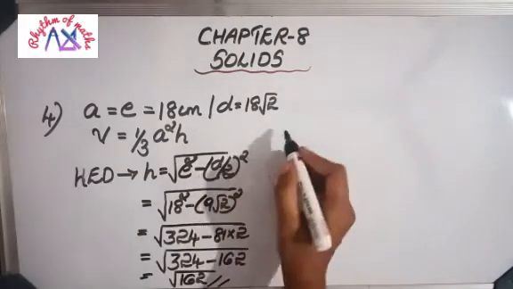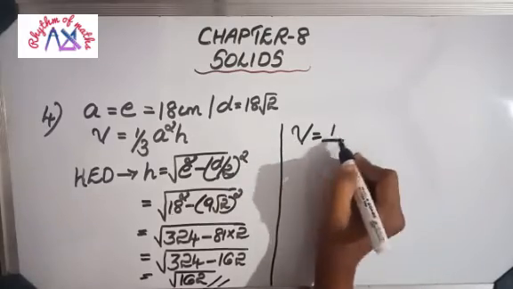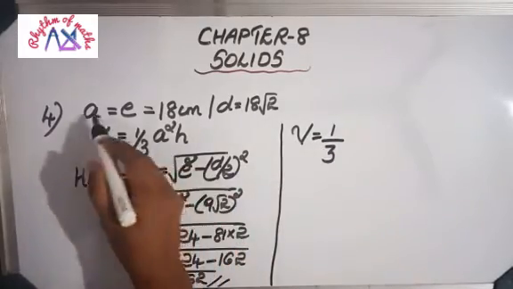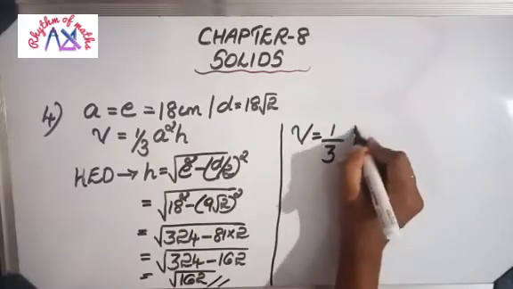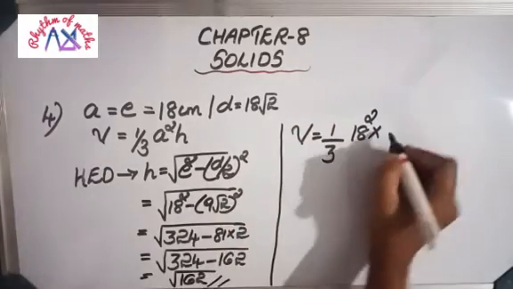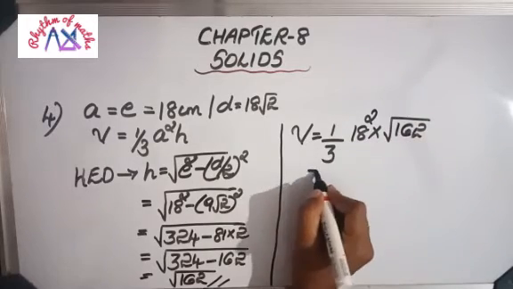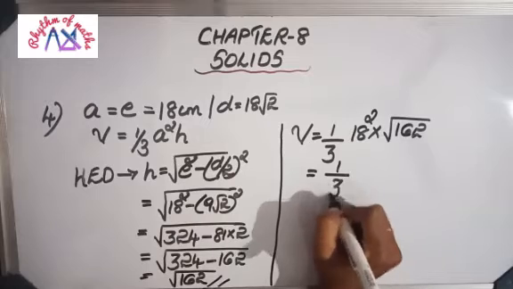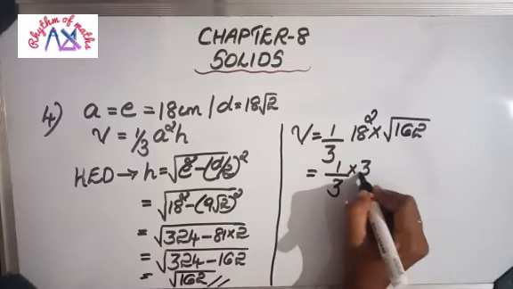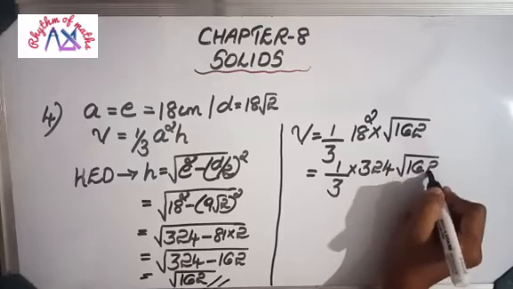Now let's apply what equation, that is the volume equation. So volume equals 1 by 3 a square into height. A square means a and e are the same, that is 18 square into height, which is root 162. So 1 by 3 into 18 square is 324 root of 162.